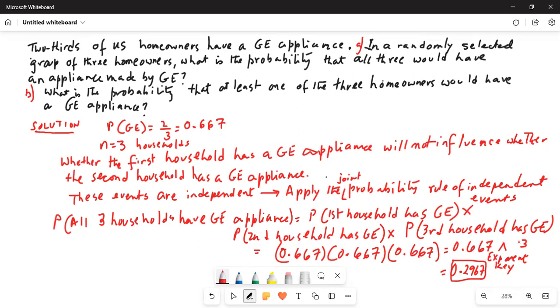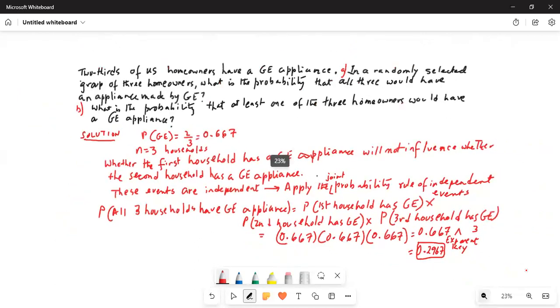That means whether the first household has GE appliance will not influence whether the second household has GE appliance, will not influence whether the third household has GE appliance. Because these are independent events, the joint probability that first household has GE and the second one has GE and the third household has GE, all probabilities get multiplied. Okay, so the answer for part A is 0.29667. Okay, so let's create some more space for us.